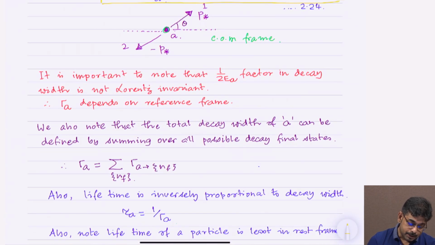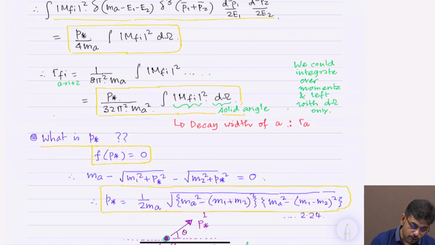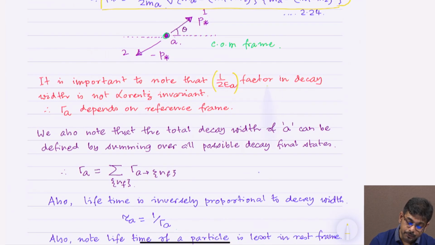Alright, so now it is important to note that there is a factor of 1/2E_A which is now turning into a factor of 1/m_A in the rest frame. This factor in the decay width is making a very important point: the decay widths are not Lorentz invariant, because there is a factor of E_A and this depends on which frame the decay happens from.